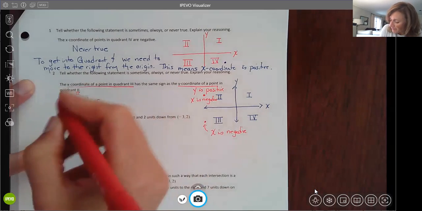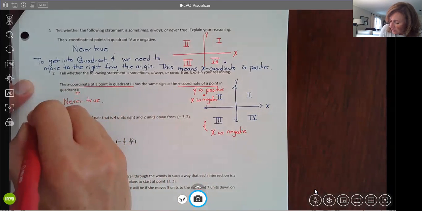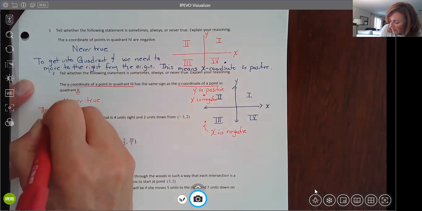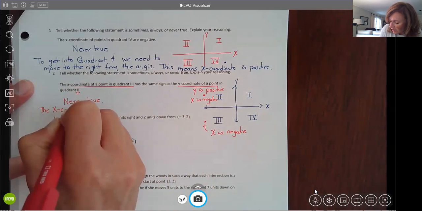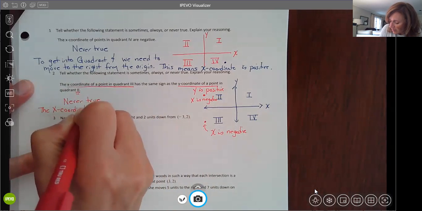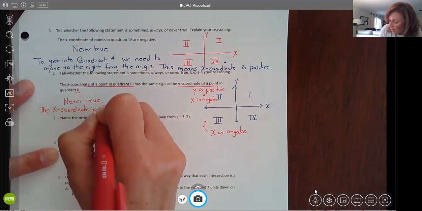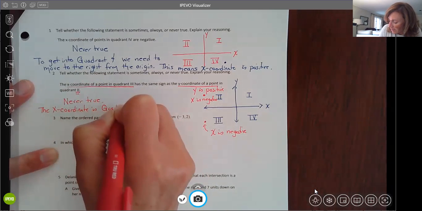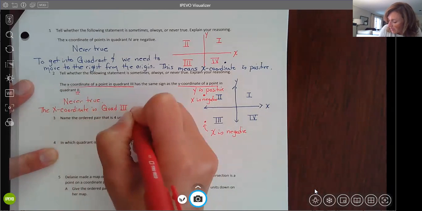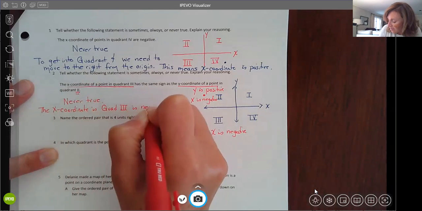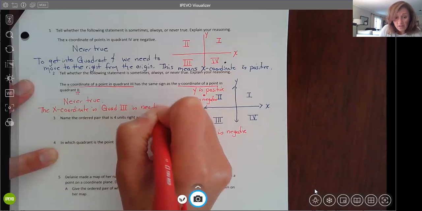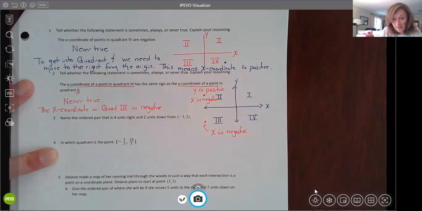Let's explain it. So the x coordinate in quadrant 3 is negative, right? But the y coordinate in quadrant 2 is positive.